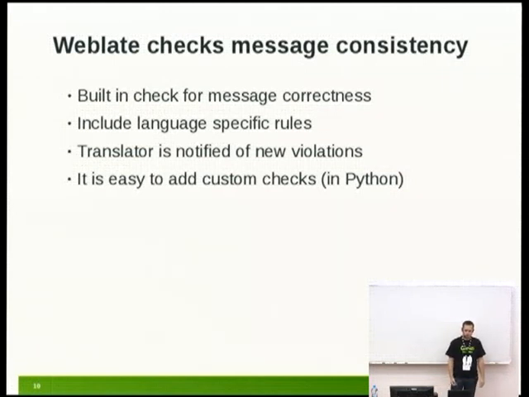Whenever some violation is detected, just after translation is done, the translator sees this in the interface. So this doesn't have to be checked manually; the translator directly sees the failure, and can adjust the message or ask whether the source string should be changed if he thinks it doesn't make much sense.